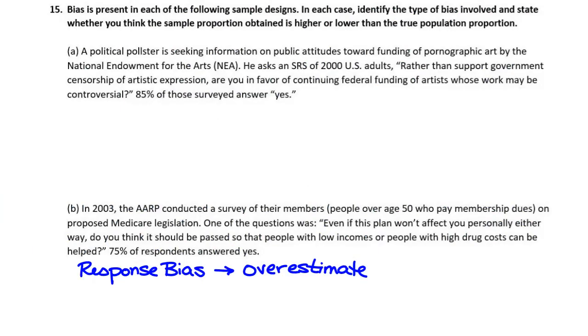There's another kind of bias that I could go with on this one. I would put under coverage too. Who is likely to be affected by this legislation?